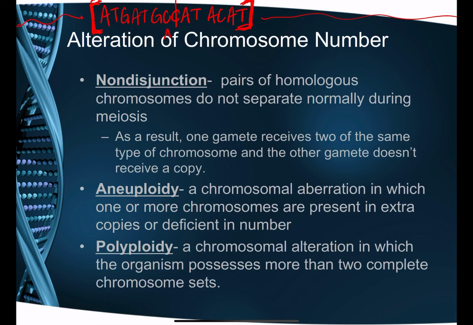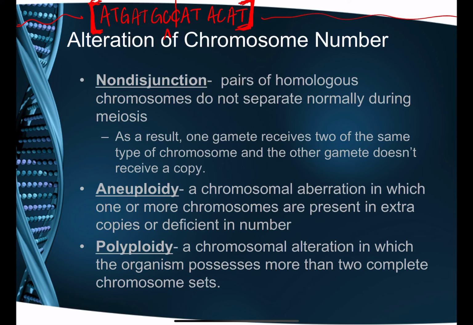You can't see those in a karyotype. You could observe them if you had gene sequencing or did some really in-depth genetic testing, but you can't see that in a karyotype. Today, we are talking about chromosomal mutations. They are larger scale mutations on a chromosome. These can be really severe.